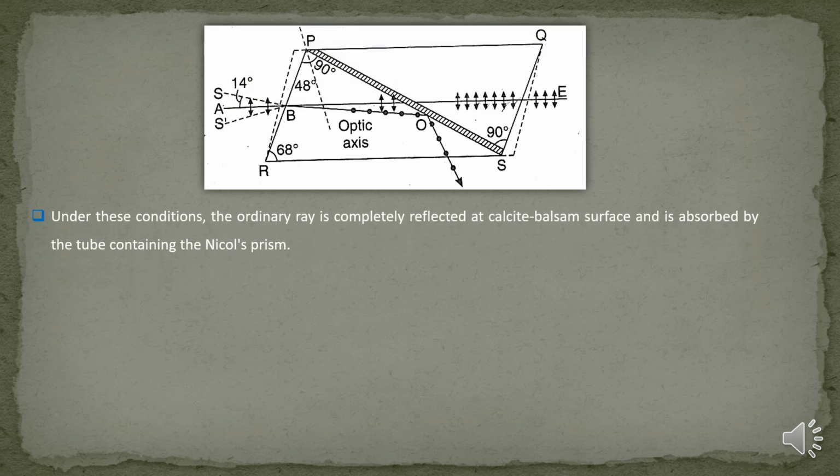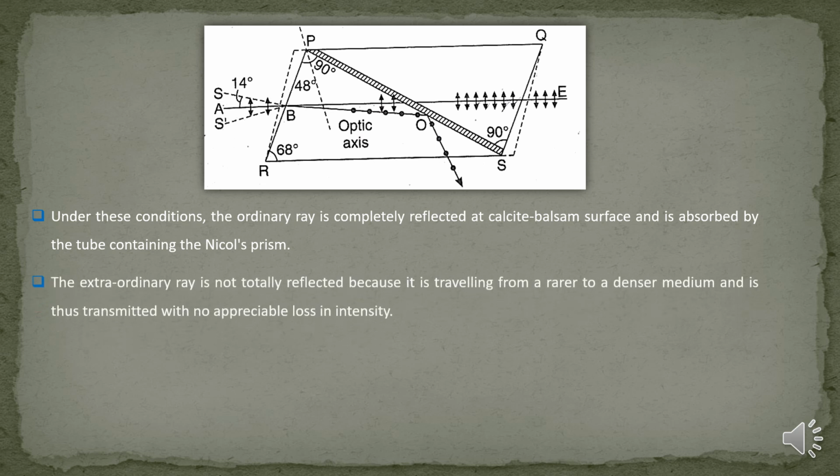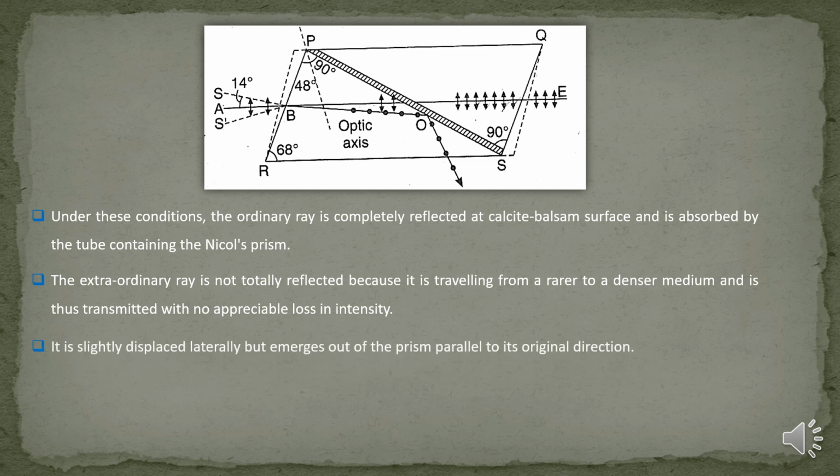Under these conditions, the ordinary ray is completely reflected at the Canada balsam surface and is absorbed by the tube containing the Nicol's prism. The extraordinary ray is not totally reflected because it is traveling from a rarer medium to a denser medium and is thus transmitted with no appreciable loss in intensity.